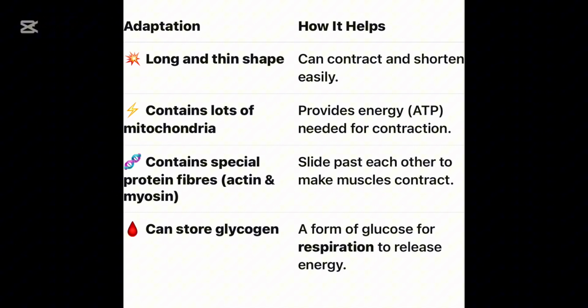They also contain specialized proteins, and these specialized proteins help them slide past each other to make the muscle contract. And also, they can store glycogen, which is a form of glucose for respiration to release energy. I haven't discussed that of the muscle cells, so let's talk about the sperm cell.